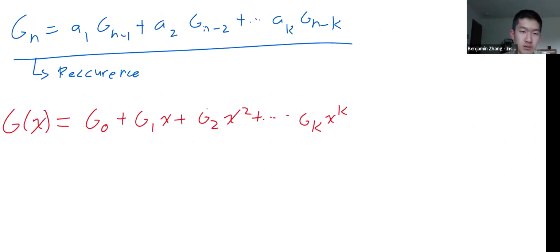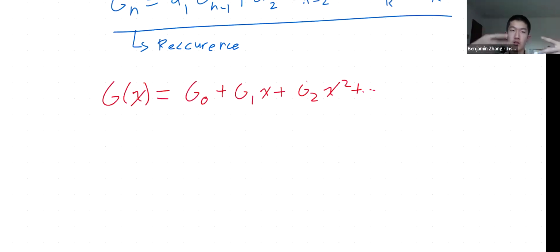Okay. So now what we essentially want is two ways to express g of x. Currently we have one way, and using another way, we can compare the coefficients for each power of x, and that way we can set what each a_i has to be, and what x has to be as well.